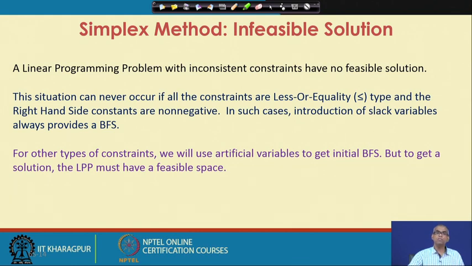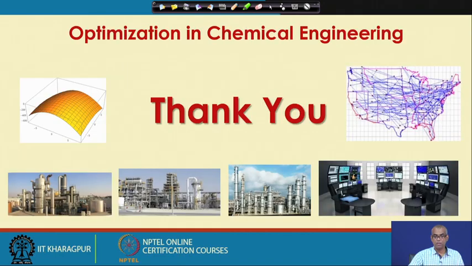How to use artificial variables to get an initial basic feasible solution we will learn in the next class. But to get a solution, the linear programming problem must have a feasible space. So, a linear programming problem with inconsistent constraints will have no feasible space and thus no feasible solution. With this, we will stop lecture 44 here.